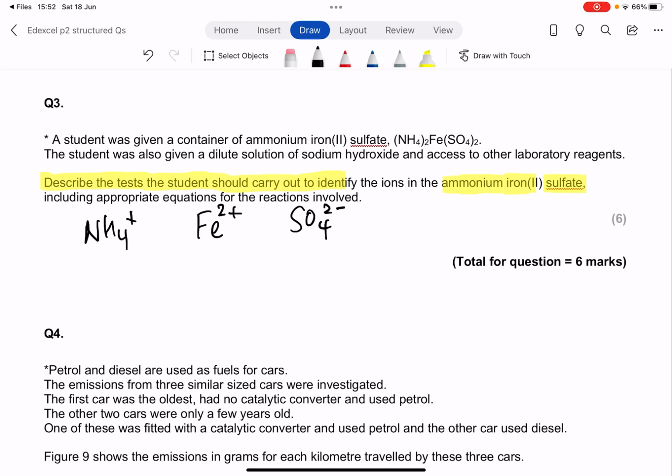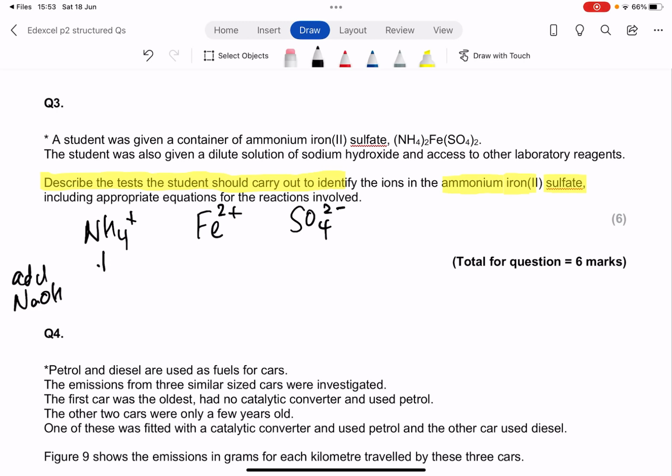Now if it's a solid, the student was also given sodium hydroxide. What I would do is make this into a solution first because it's easier to deal with. So let's dissolve the solid into water, and ammonium salts are soluble, so it's going to dissolve in water. And then let's add sodium hydroxide.